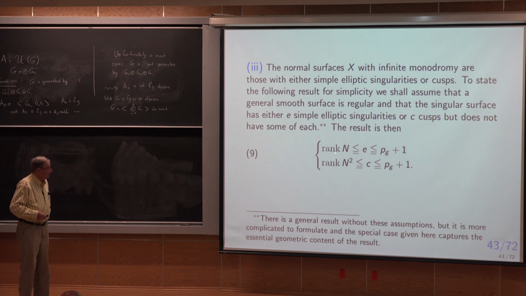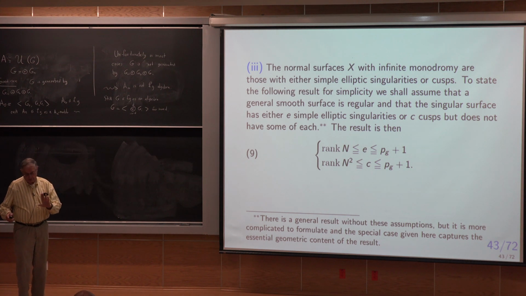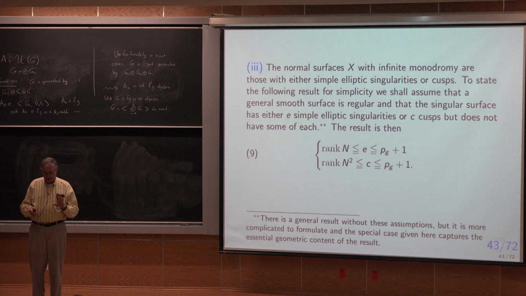So Hodge theory tells you how many elliptic singularities you can have. It's very interesting. It gives a bound from below and above, and it tells you how many cusps you can have. This is quite different than the canonical singularities on a surface. Canonical singularities, the simplest one I mentioned was just an ordinary node, a double point.